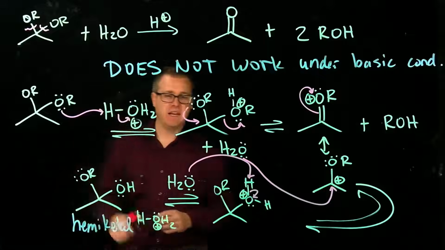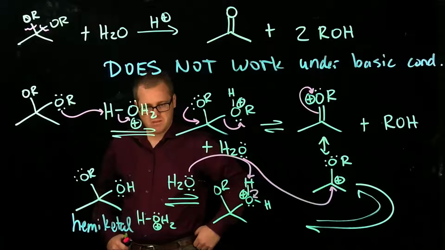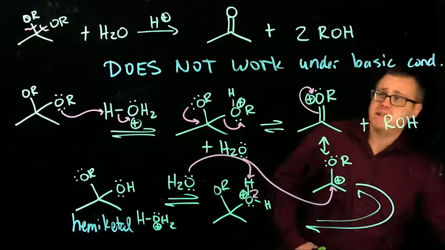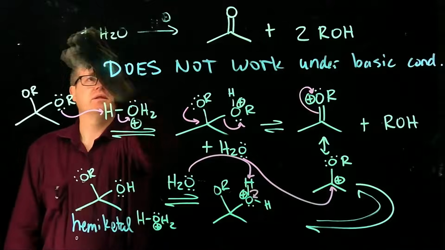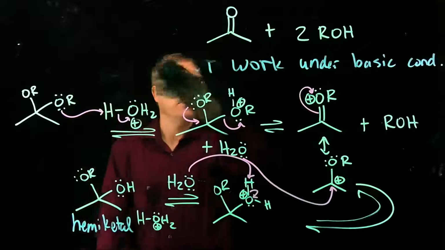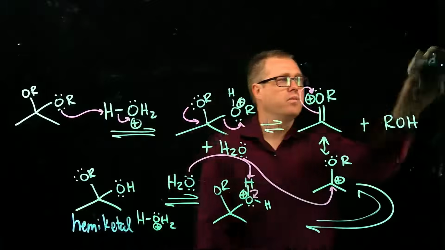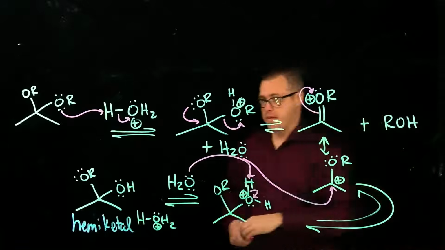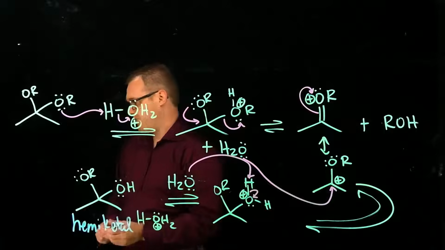But now we have to continue on with the mechanism. And so we have run out of board space, so I am going to have to erase some things. So let's erase this top part so we can keep the mechanism. So we generated a hydronium right here, right?